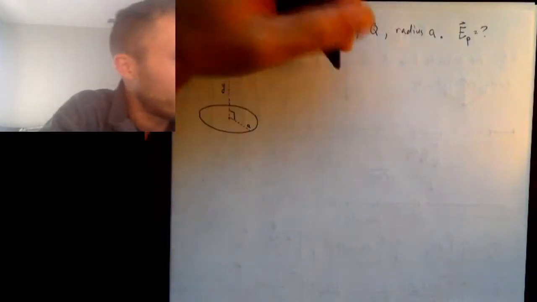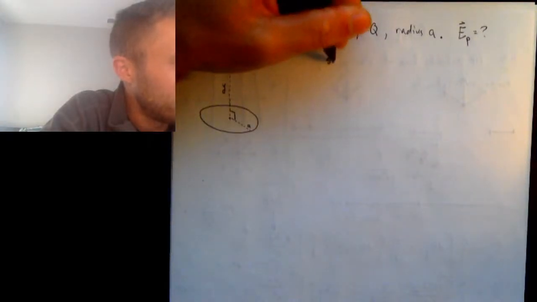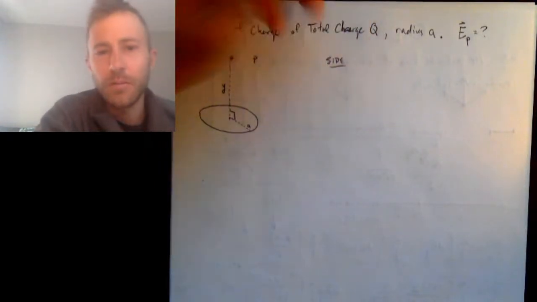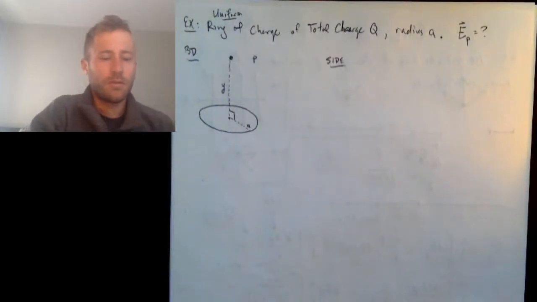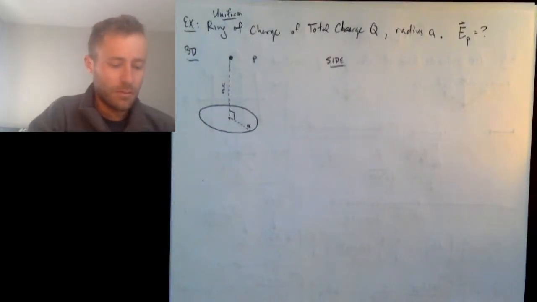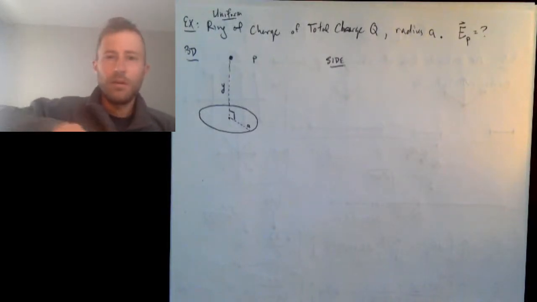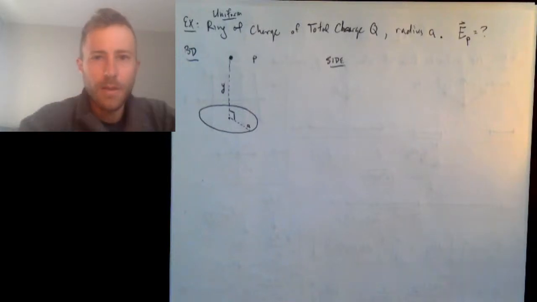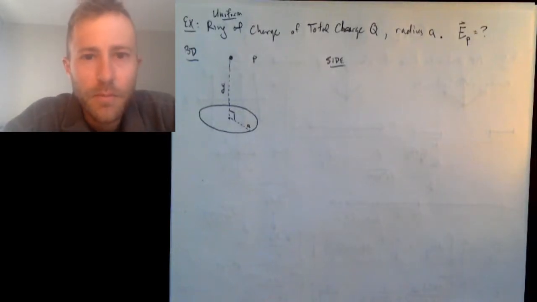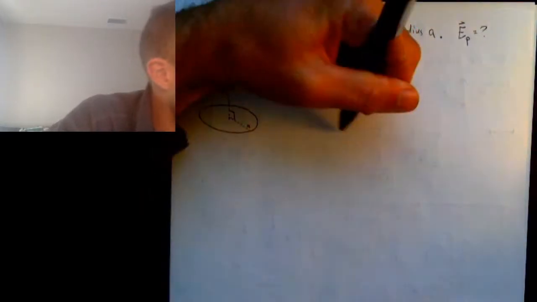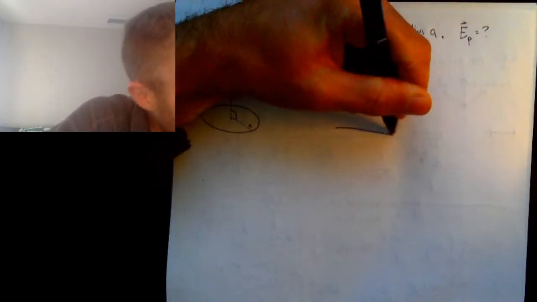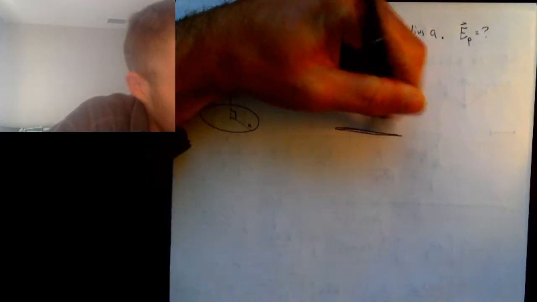Now let's think about this from a side view. From the side view, the ring just looks flat, right?